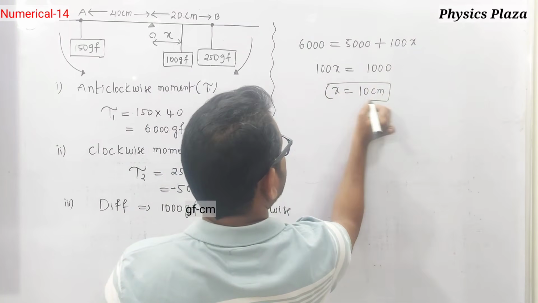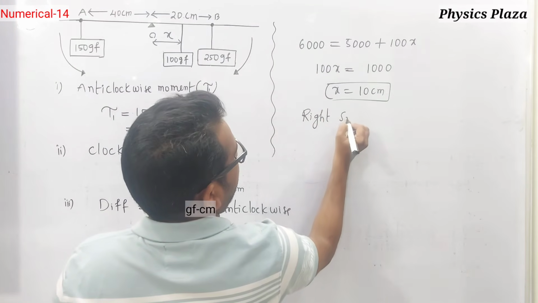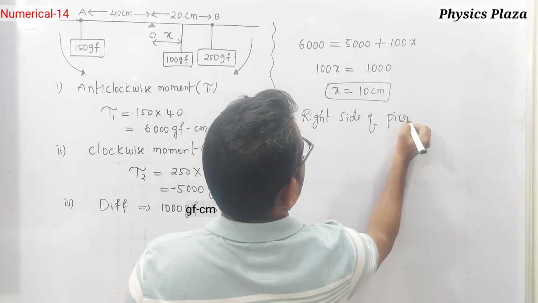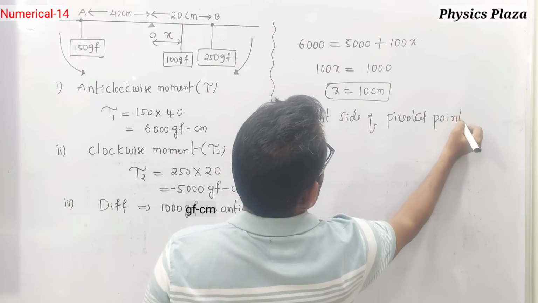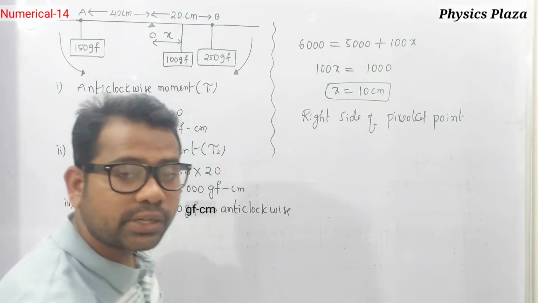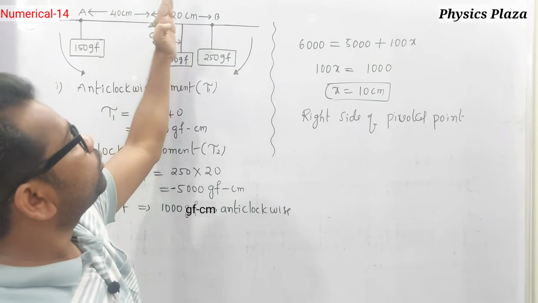Children, 10 centimeters on the right side of the pivot point. Writing the pivot point is very important. You cannot directly say just x is equal to 10 centimeters; you must say where the 10 centimeters is, that it is on the right side of this pivot point.